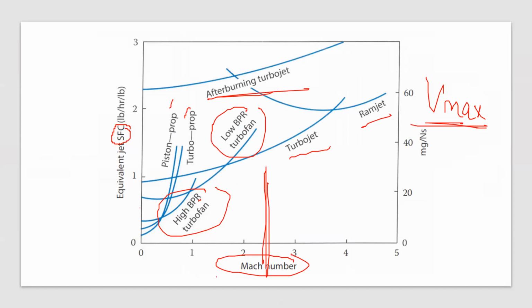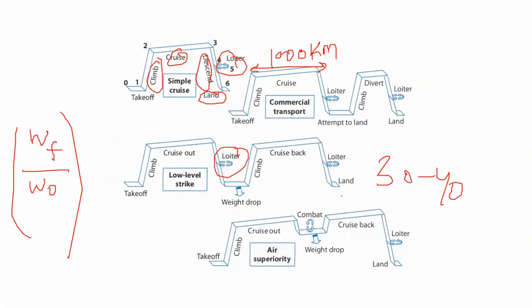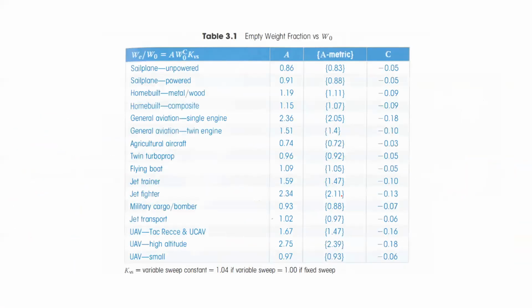During the whole cruise flight, you know the total lift on the aircraft from the total weight, because you used a total weight approximation earlier also, when you computed the empty weight fraction.